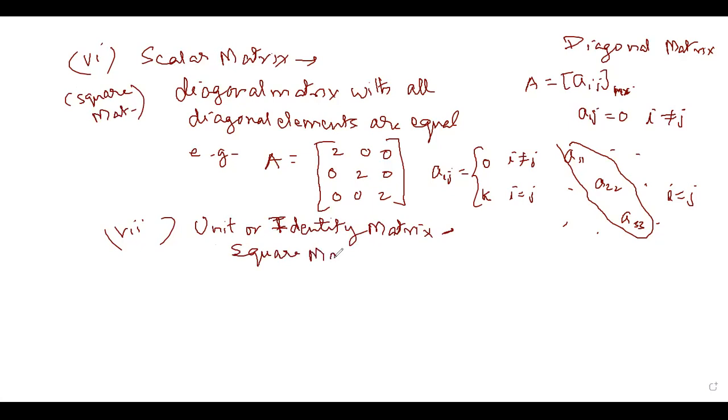A unit matrix is a square diagonal matrix with diagonal elements equal to 1.